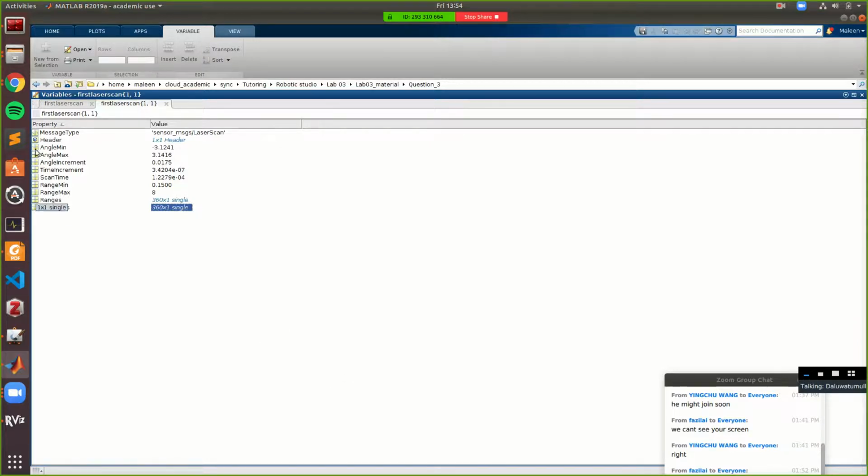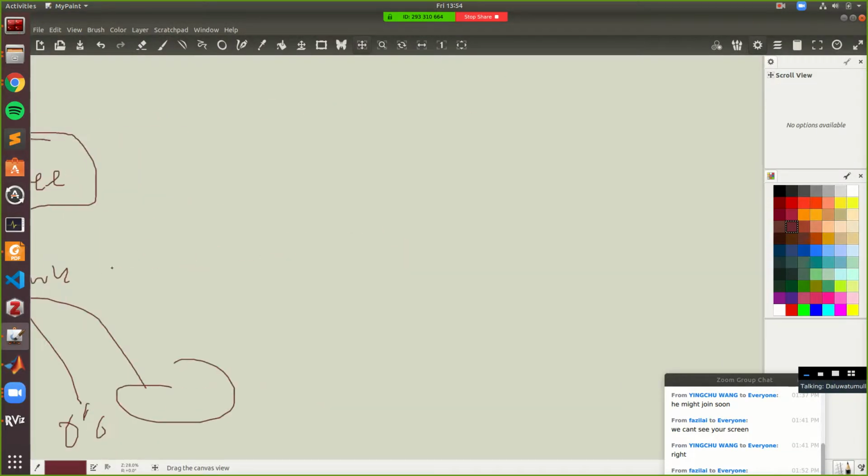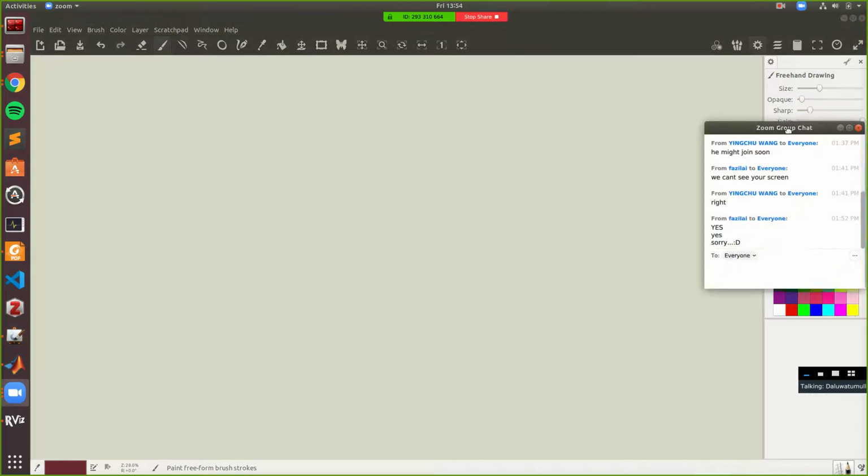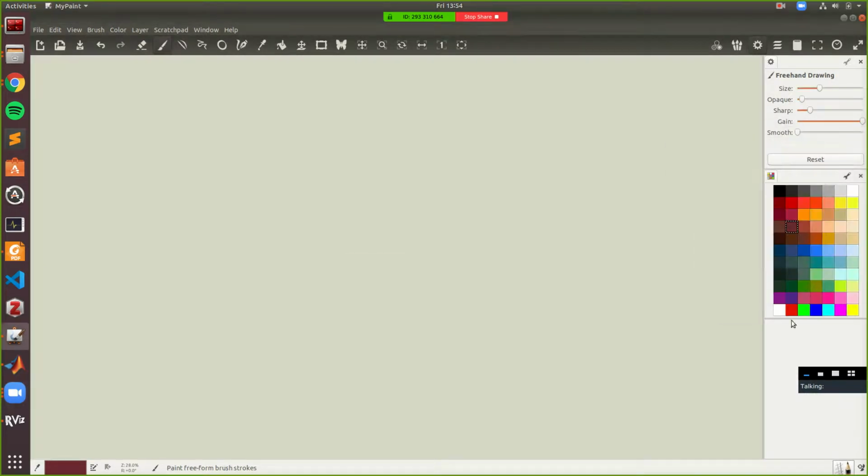What that means is, if you have a laser scanner, and we are looking at a 2D laser scanner, not a 3D one, it will send a laser ray like this, and then another one, so it will take this laser and rotate it so that you get a field of view like this.